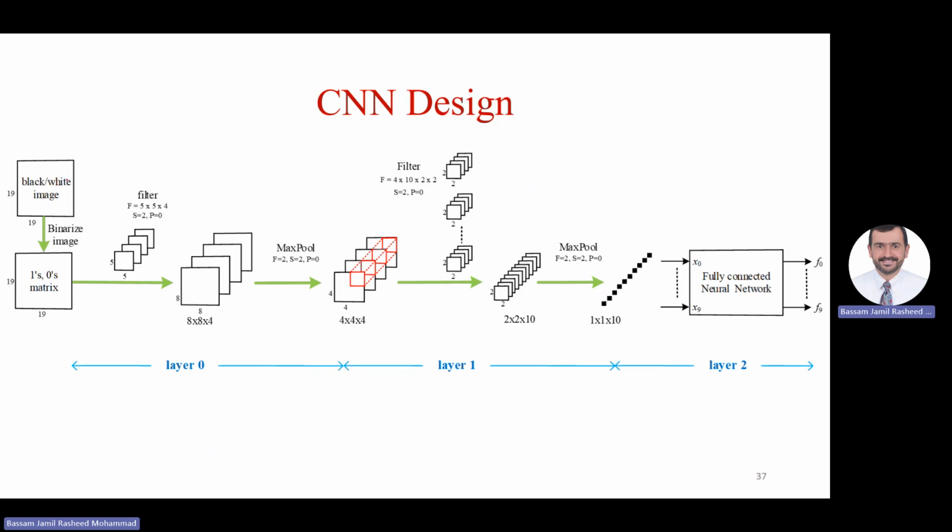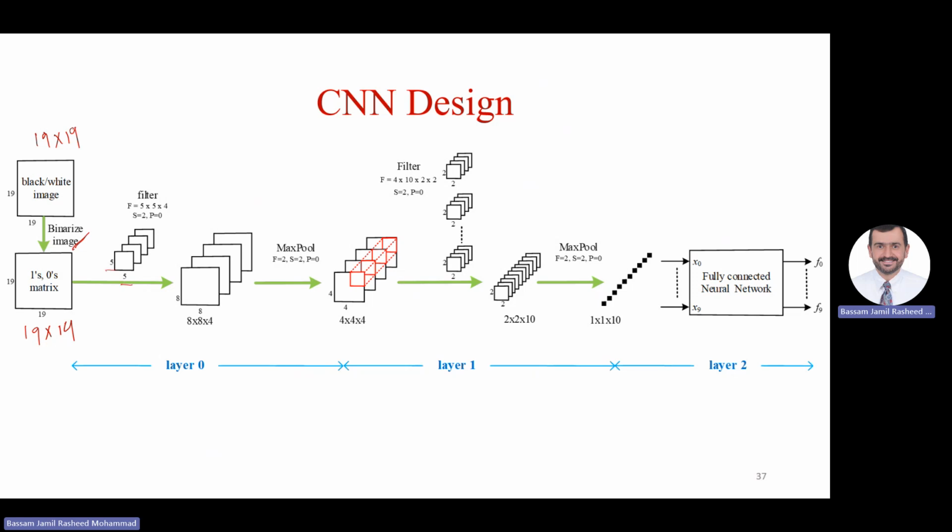I will take my black and white or gray image. I will binarize it, so we'll have just ones and zeros. It's going to be a 19 by 19 matrix, and after binarization, it will be 19 by 19 binary values. Then I'm going to apply a filter, or kernel, which is 5 by 5.